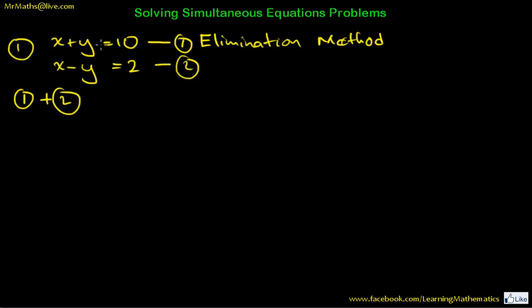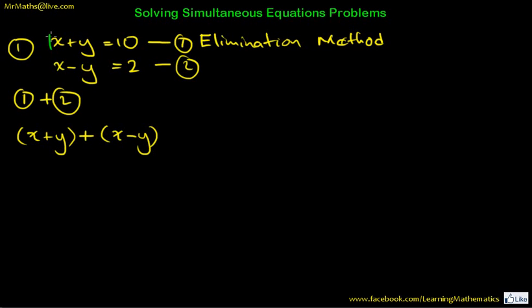Okay, then we take a look at the left hand side. Left hand side of equation 1 is x plus y. Then we want to plus 2. We add the left side of the second equation, which is x minus y. Okay, let me just label it so that you know.